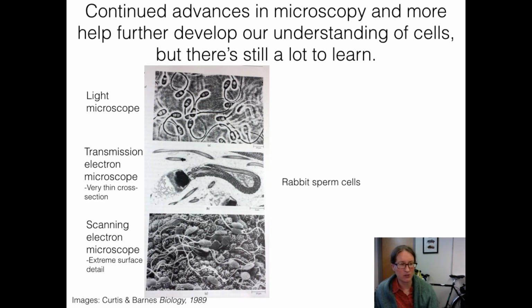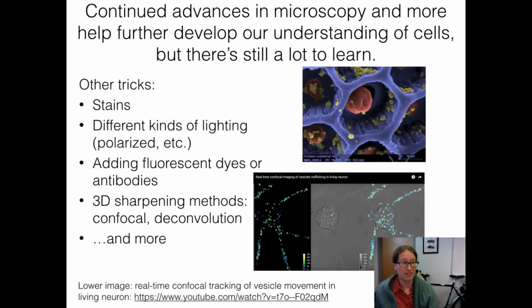By now scientists employ all kinds of other tricks, such as using specialized stains to highlight certain features, using different kinds of lighting, which will bring different types of structures into focus. They'll use things like fluorescent dyes, so some of that's pictured down here. And it's also possible to use fluorescent antibodies to mark specific structures.